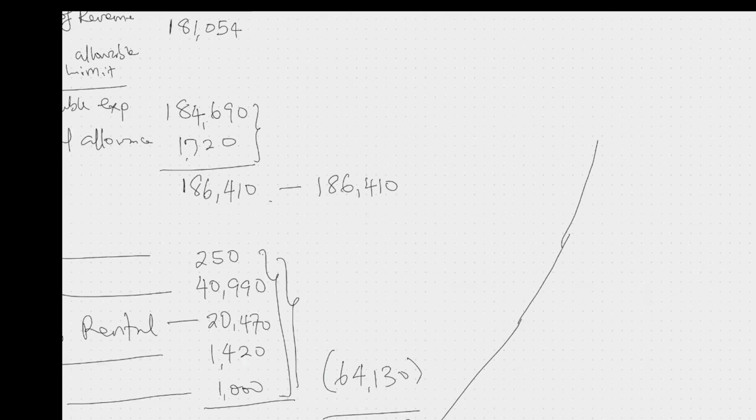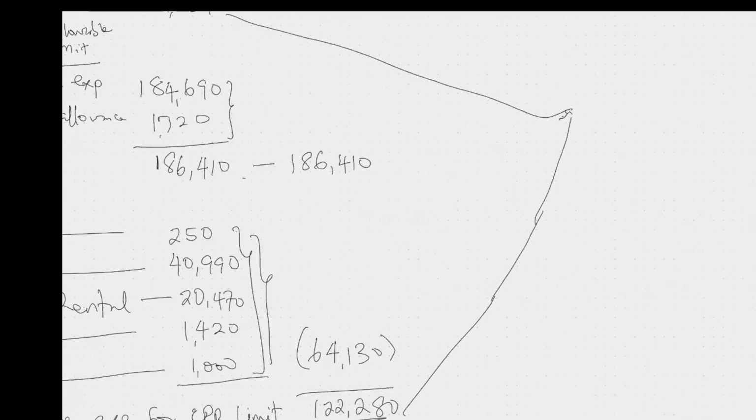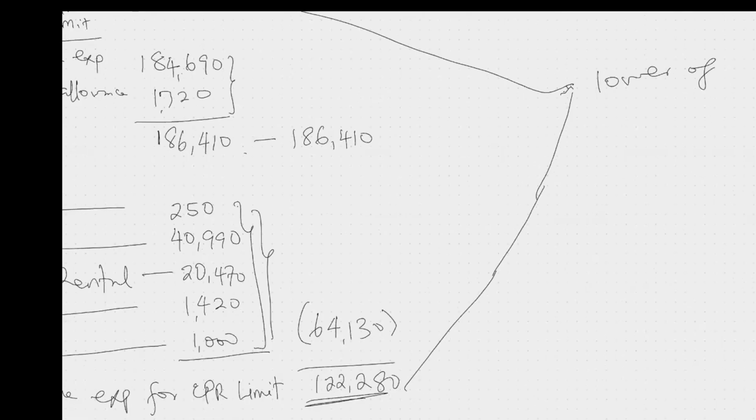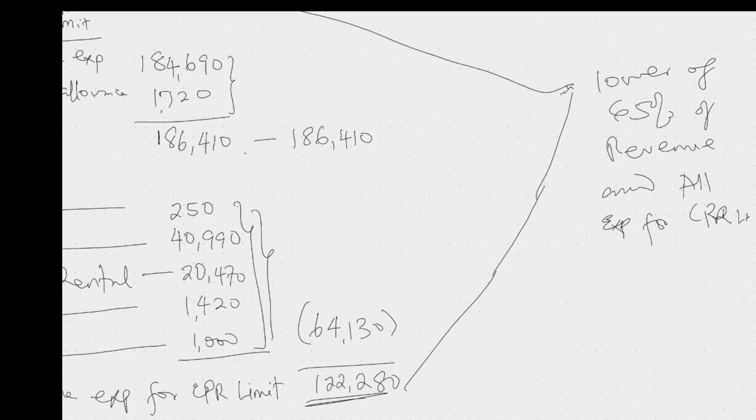So it should be the lower of 65% of your revenue and allowable expenses for CPR limit. Our 65% of revenue gave us 181,054.